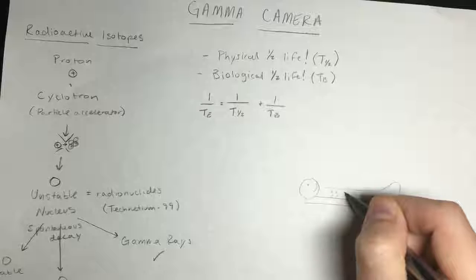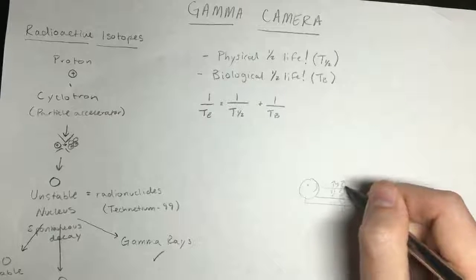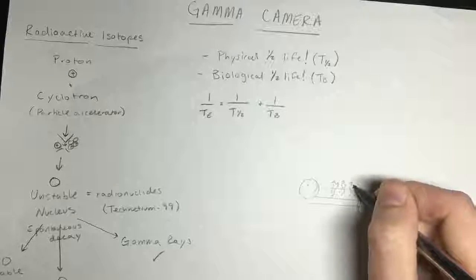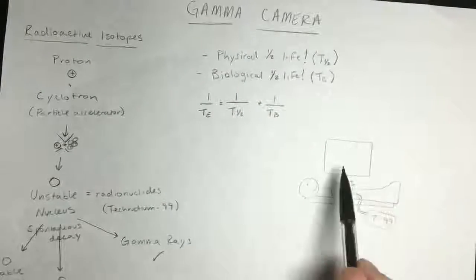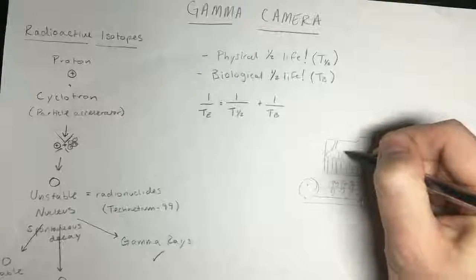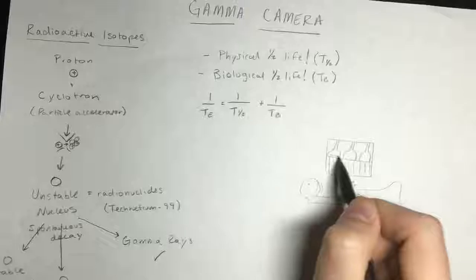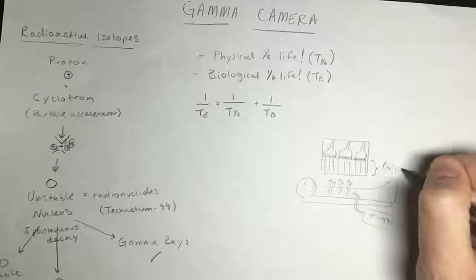So the whole process together is technetium-99 is injected into a patient, and through the metabolic turnover, gamma rays are emitted from the body. Into a collimator, which is usually lead.